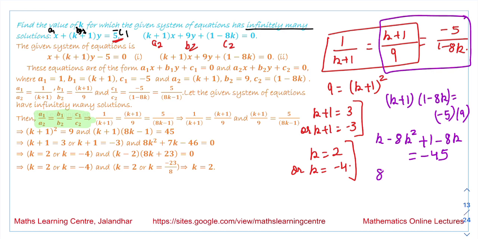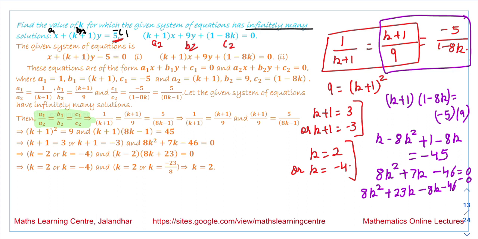So this equation becomes 8k square plus 7k minus 46 is equal to 0. So by splitting the middle term we get 8k square plus 23k minus 8k minus 46 is equal to 0.